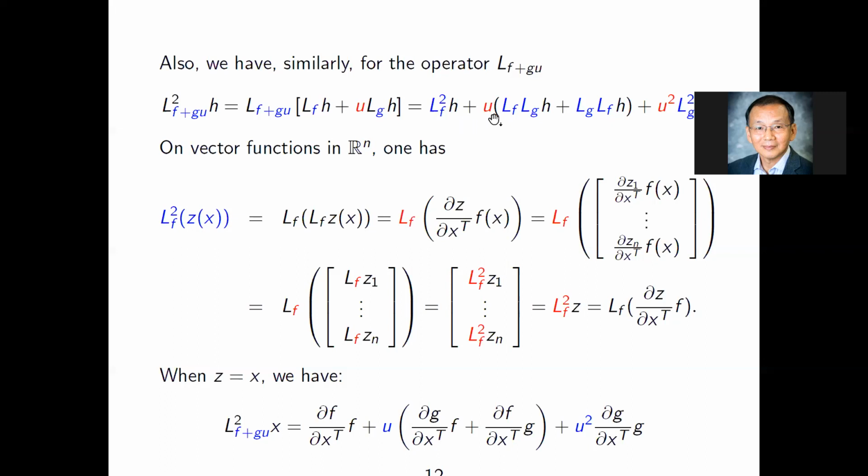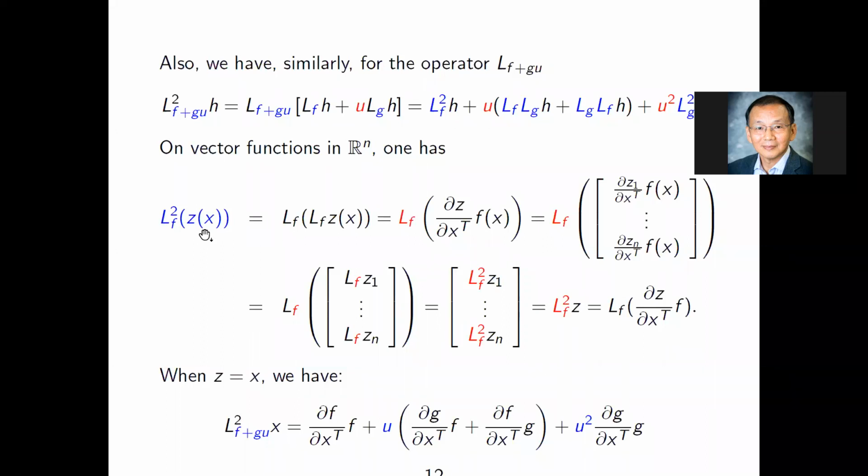And what's interesting is that you will have a polynomial in U of order 2 when you do this iteration of the output function along the vector field f plus gu. When you do that 2 times, you have a polynomial of second degree in U. And that polynomial has coefficients which are functions of the state space, but it's a clean polynomial in U. So if we can do this for scalar functions, we can do that for vector functions.